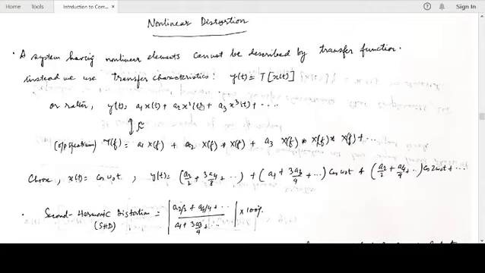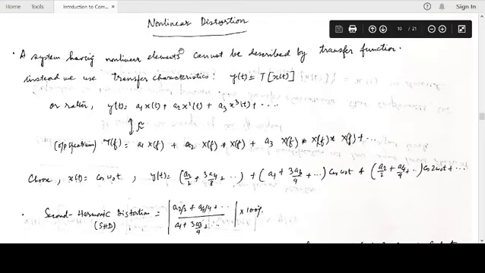It depends on the higher powers of the signal. The input will have a spectrum X(f), the output signal will have a spectrum Y(f). But the nonlinear system does not have a transfer function and cannot be expressed by a Laplace transform.